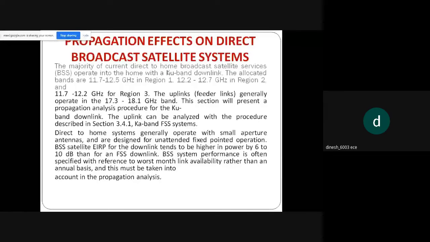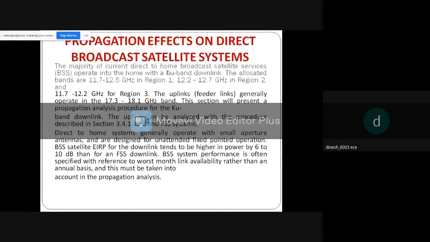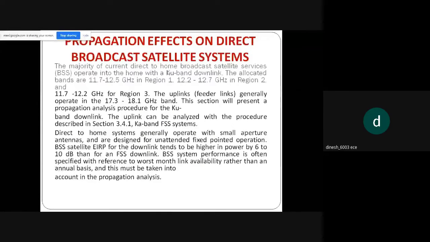So these direct to home systems generally operate with a small aperture antenna that is designed for unattended fixed point operations, where the broadcast satellite service downlink tends to be higher in power by 6 decibels to 10 decibels.